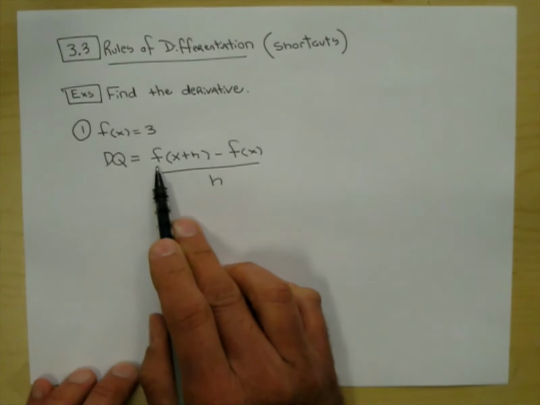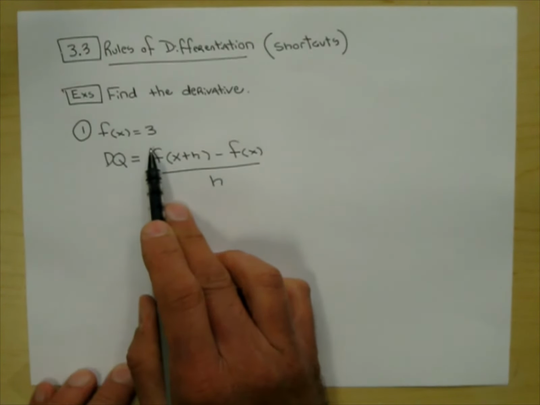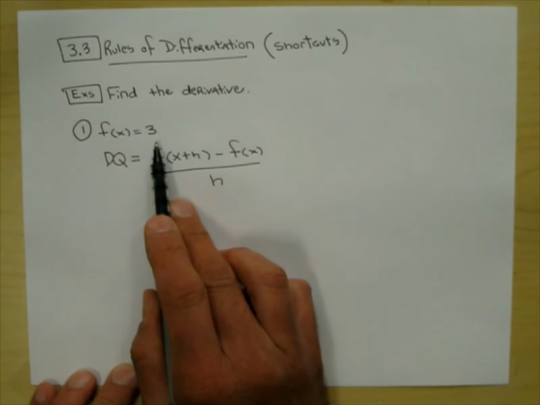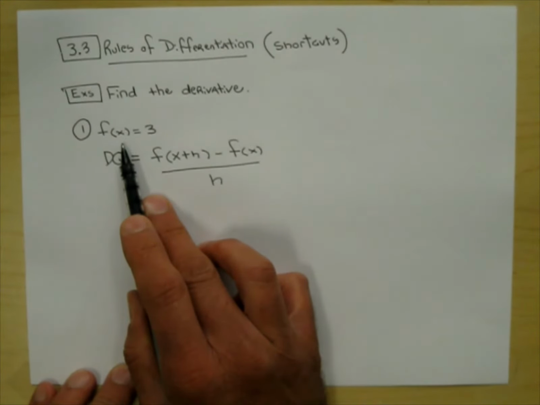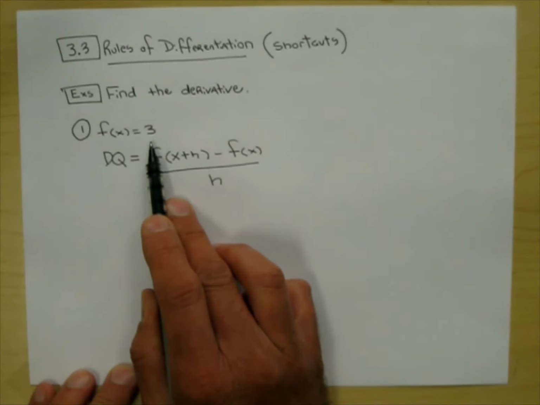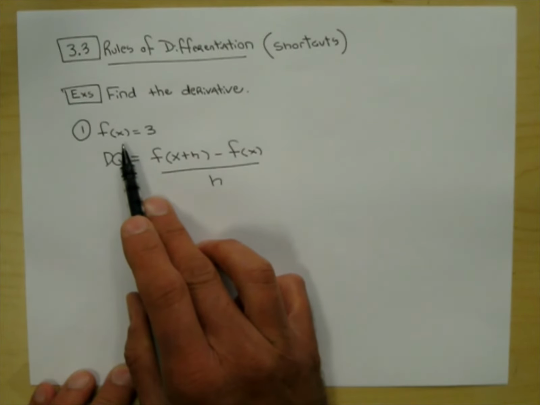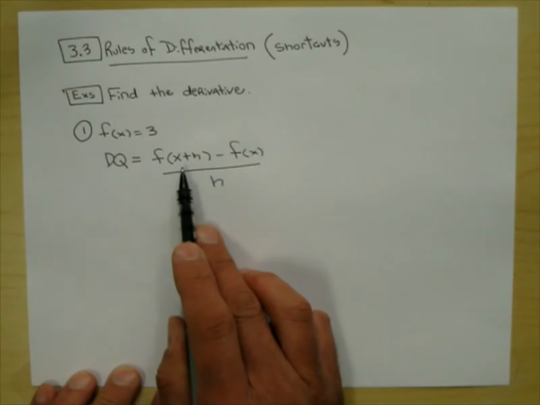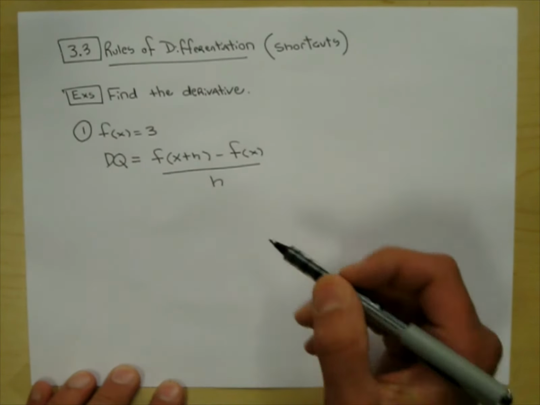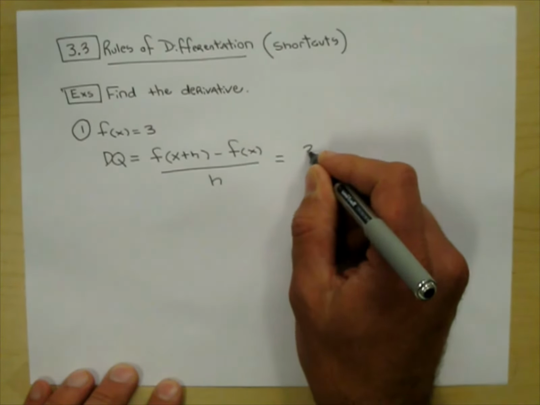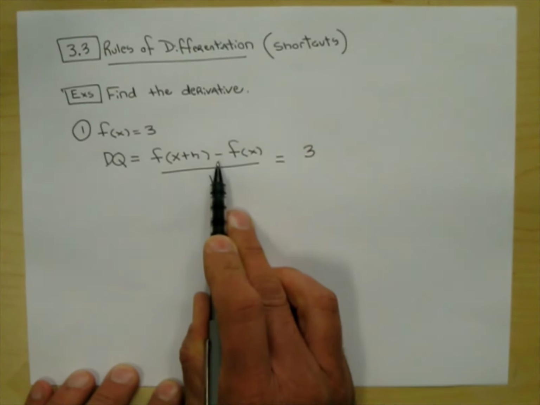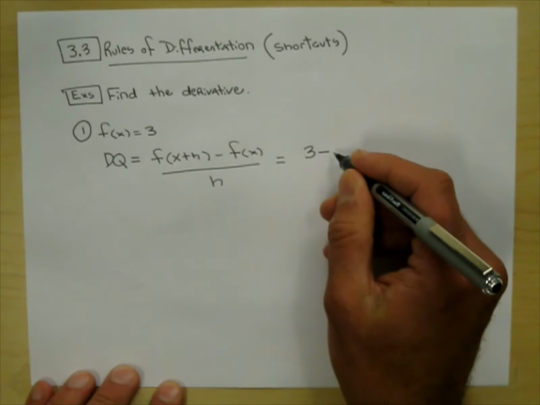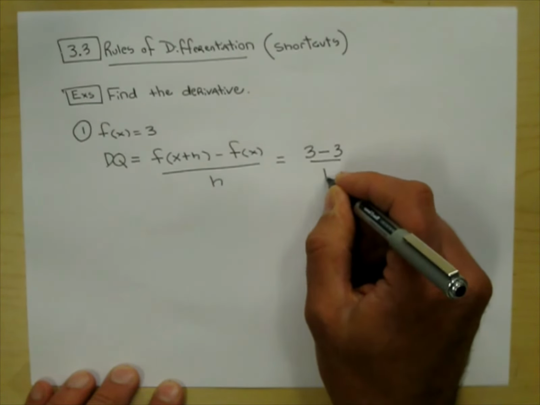Well, this is kind of a funny function because there are no x's on the right hand side, so whatever you plug into it, the output is 3. So if you go f of trash can, that equals 3. So f of this junk, f of x plus h, is going to be 3. We have a minus sign, and f of x, which is 3. This is all over h.